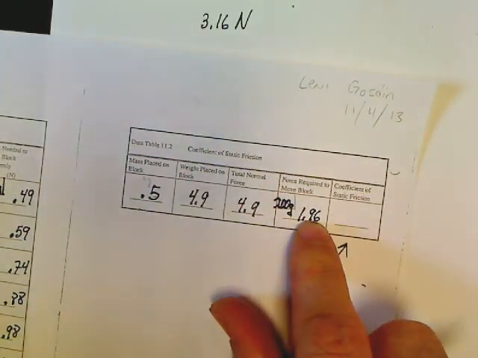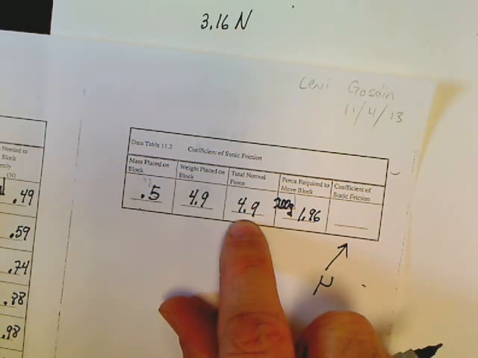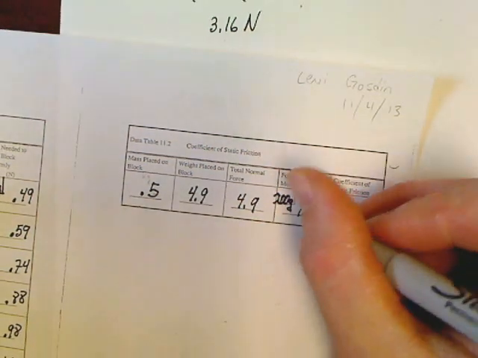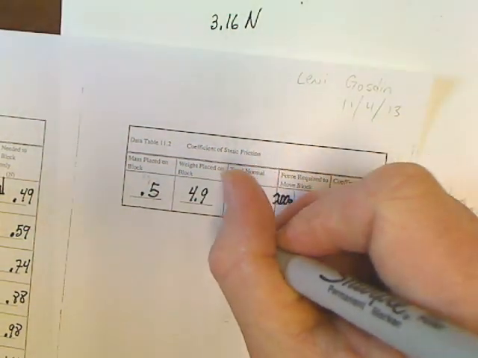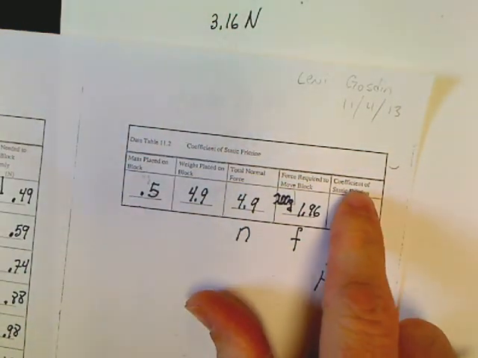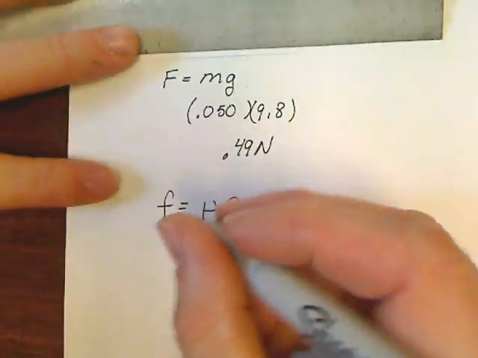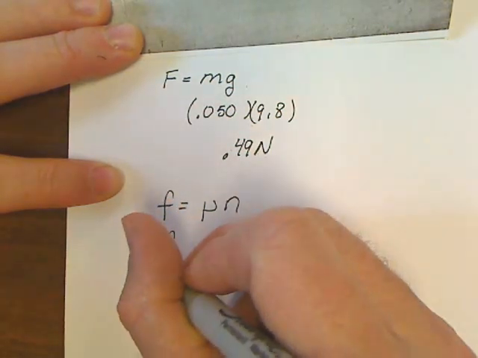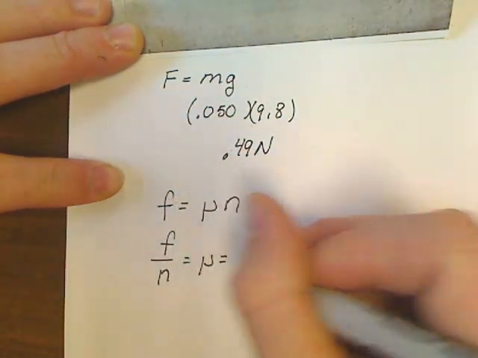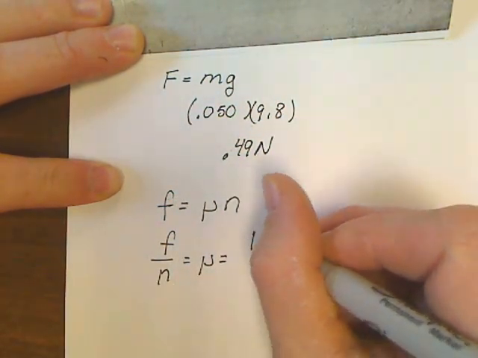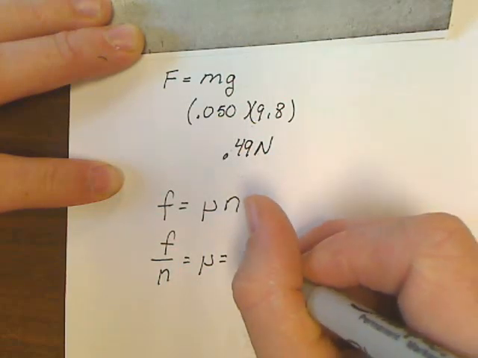The F is 1.96, the N is 4.9. So this is going to be my F, that's going to be my N, and now I can find mu. So F divided by N, that's my mu. So for me, it'd be 1.96 over 4.9.